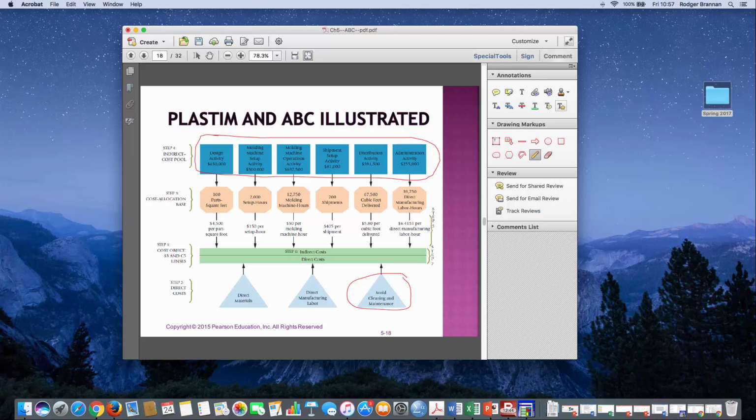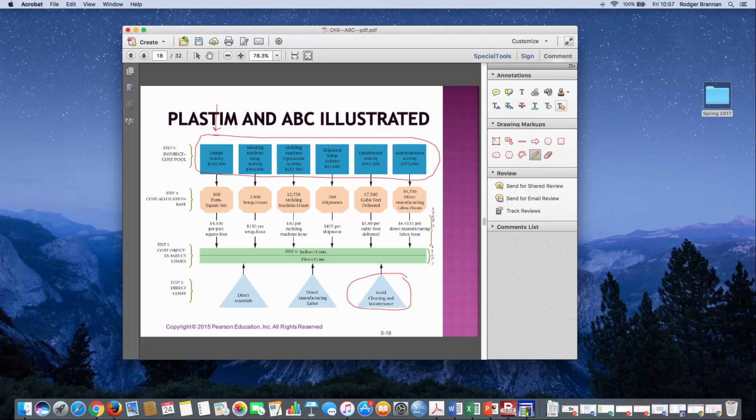From a pragmatic point of view, you're going to be more or less given the cost. You may have to identify it as being a unit level, batch, facility, or product level cost. But here's the cost, they just designate an activity, and fine, here's the activity. Now, sometimes they're active activities, sometimes they're passive activities, such as, in this case, it could be square feet, if I'm allocating janitorial costs.